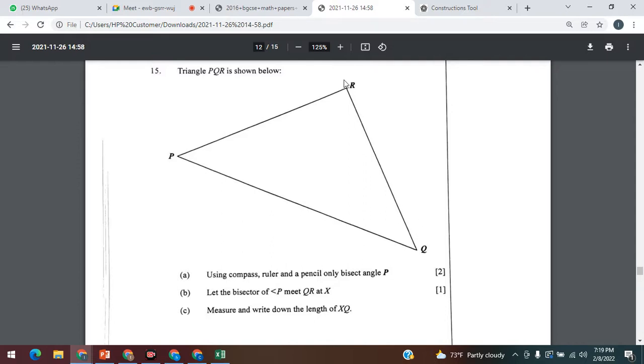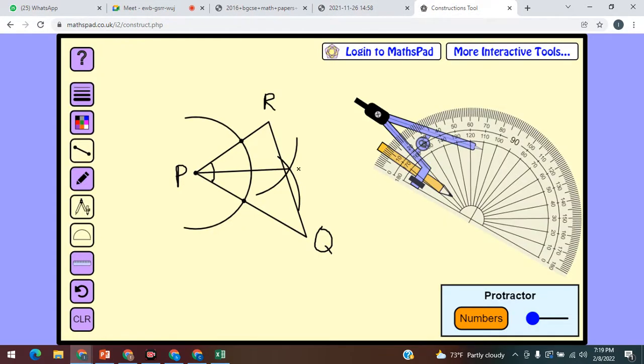That's this line segment. They want the bisector, the one that cuts P, to touch the line segment QR. So if we go to our construction, where does our bisector touch QR? Right there, right?